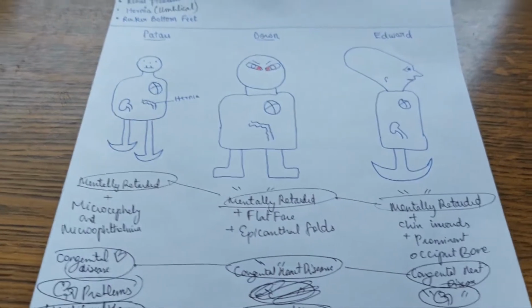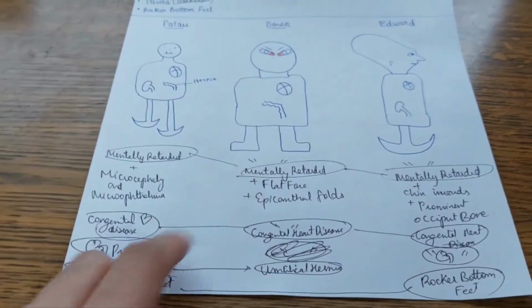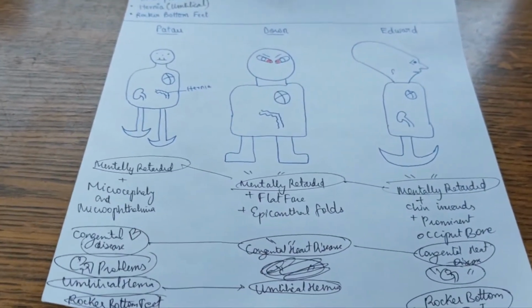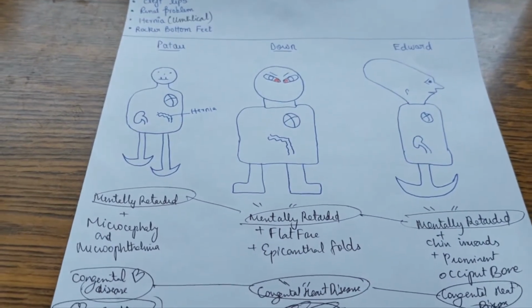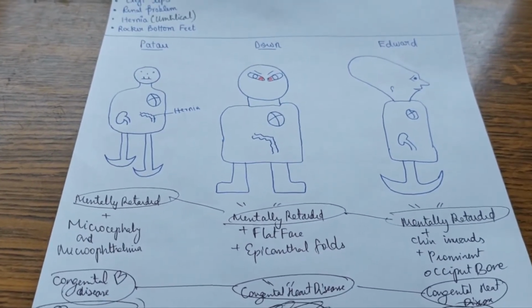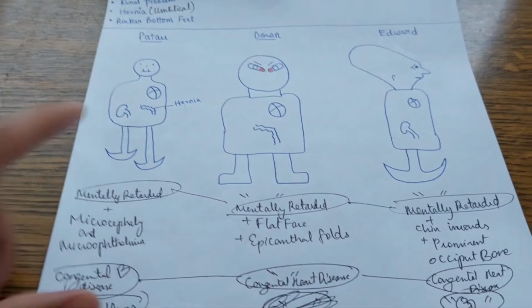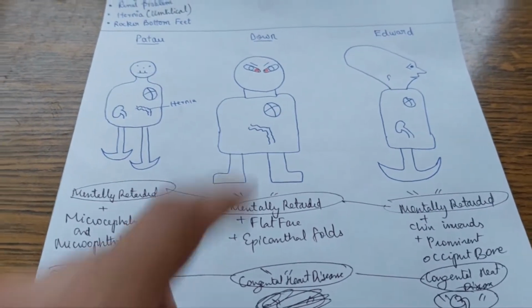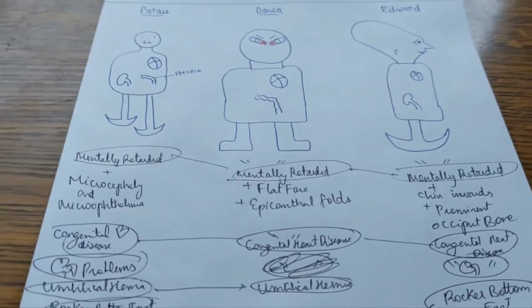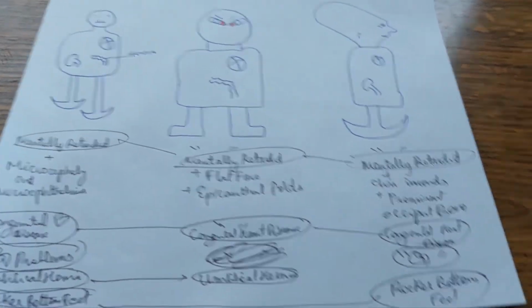So now if we compare all three, that is Patau syndrome, Down syndrome, and Edwards syndrome, all three are going to be mentally retarded patients. All three are going to have congenital heart defects. The differences are that a mentally retarded patient who has microcephaly and microophthalmia is Patau syndrome.